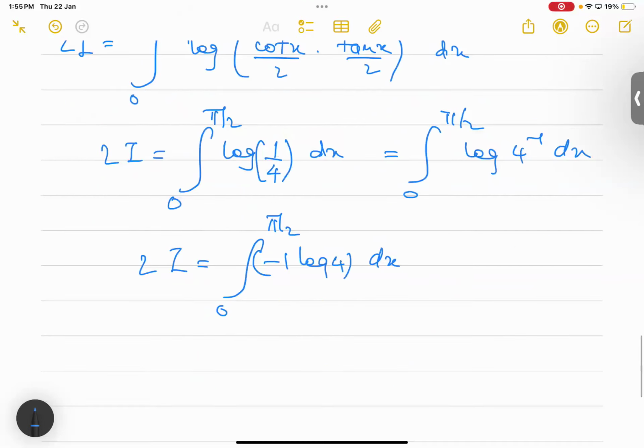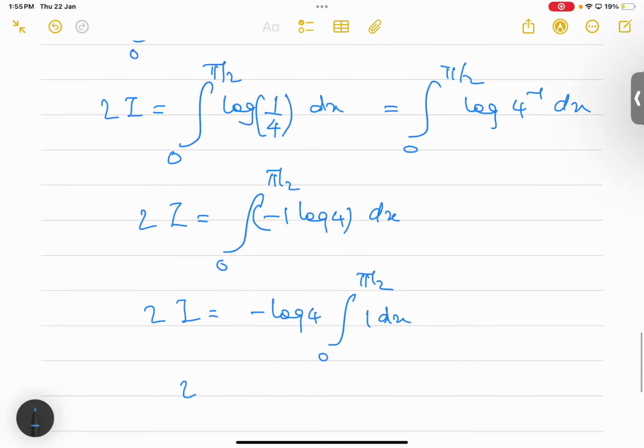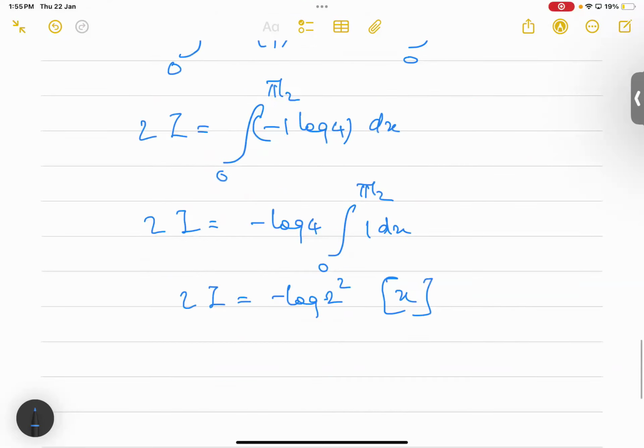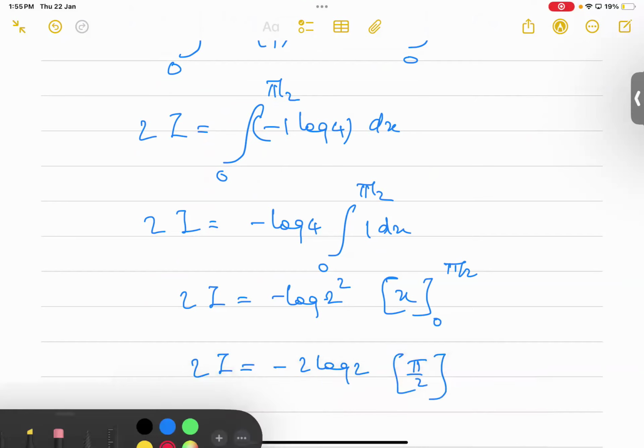What will happen to this minus 1 log 4? Outside the integral. What is inside? 1. And what is the integration of 1? Acha, by the way, 4 is 2 square. Integration of 1 is x from 0 to pi by 2, so 2I is minus 2 log 2 times pi by 2, right? 2 gets cancelled on both the sides.